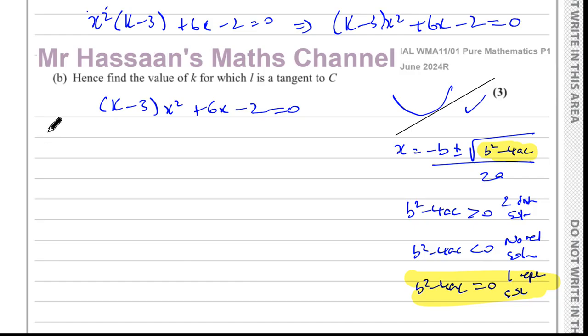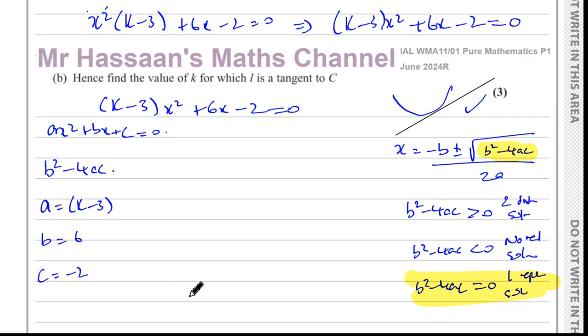So we have our quadratic ax squared plus bx plus c equals 0, and our discriminant is b squared minus 4ac. So a is equal to, in this case, k minus 3, the coefficient of x squared. b is equal to 6, the coefficient of x, and c is equal to negative 2, the constant.